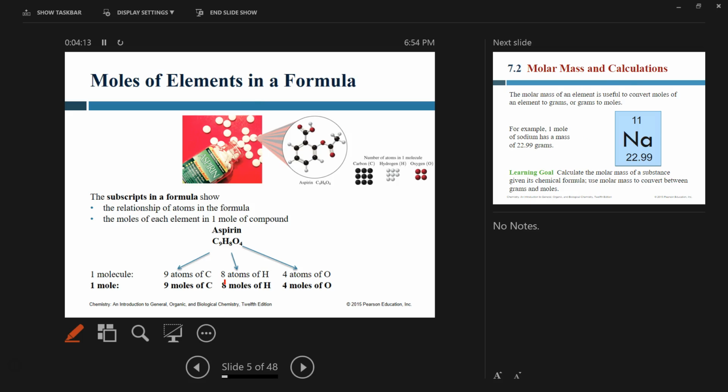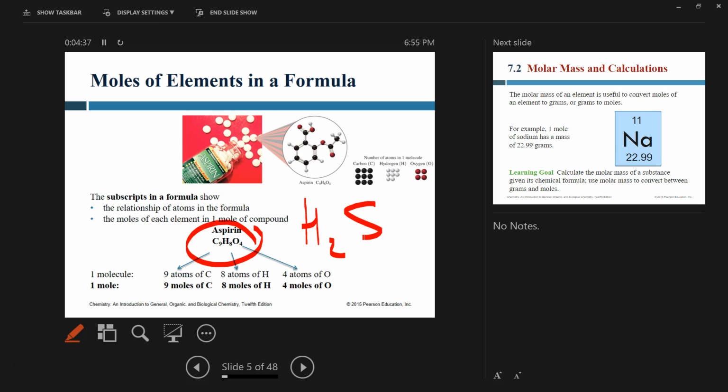Now, the next idea, which sometimes for some reason becomes confusing. So when we write a chemical formula, we use the subscripts, right? Like C9H8O4, H2S. Does that make sense?